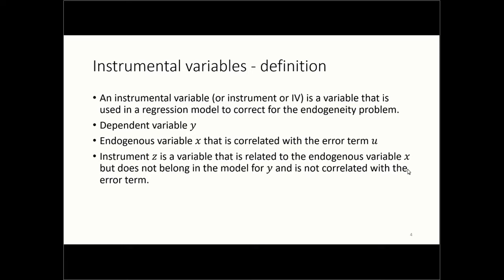So again, a good property of the instrument z is that it is not in the model for y and it's not related with the error term, but of course it's related to the endogenous variable x.